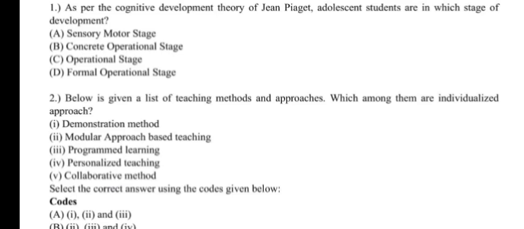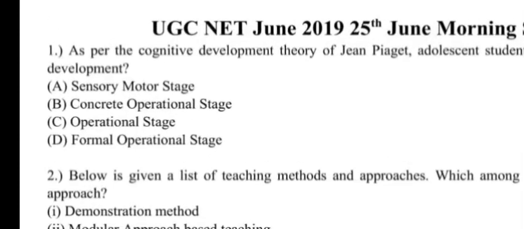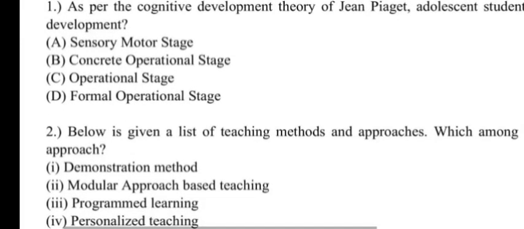Right, so let's try to do the first question. As per the cognitive development theory of Jean Piaget, adolescent students are in which stage of development? This is not related to any mathematical question.